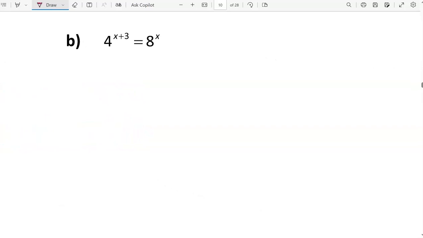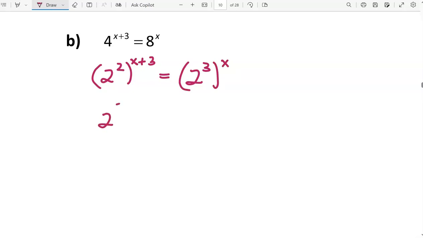So now let's take a look in B at two sides of our equation that can both be expressed in base 2. 4 is 2 raised to the 2nd power, and 8 is 2 raised to the 3rd power. Now we can use properties of exponents. When we raise a power to a power, we multiply the exponents, so 2 times x plus 3 is 2x plus 6.